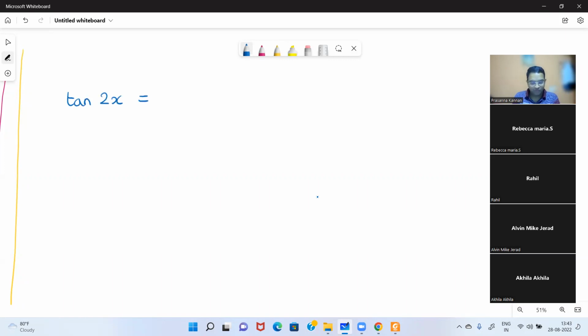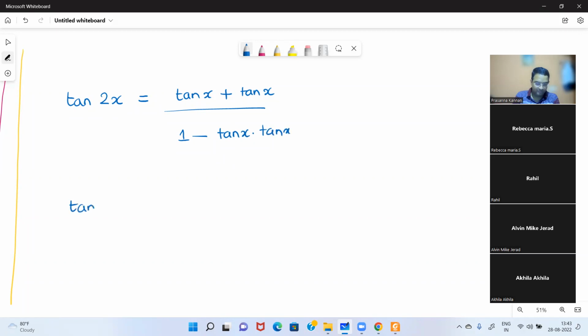So here we have the formula for tan of x plus y. What is tan of x plus y? Tan x plus tan y by 1 minus tan x tan y. Exactly. Now if you put y also as x, then tan of x plus x will become tan x plus tan x divided by 1 minus tan x into tan x.